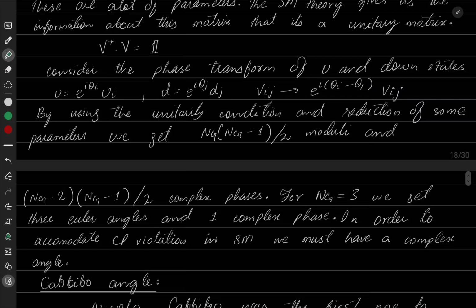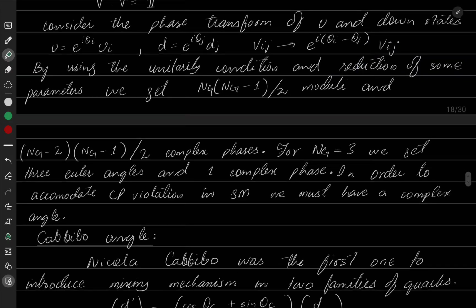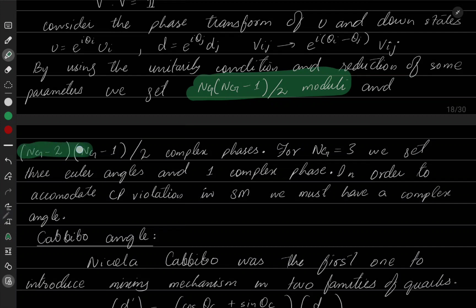By reduction of some parameters, and by using the unitarity condition, we get ng into (ng minus 1) upon 2 moduli. That will be the 3 Euler angles for number of generations equal to 3, and we will have one complex phase for 3 generations. So here's the expression for the number of phases.